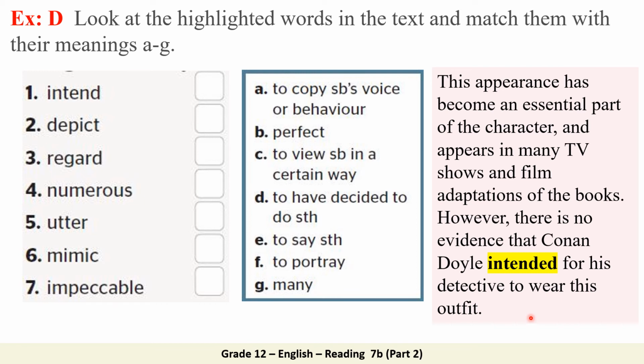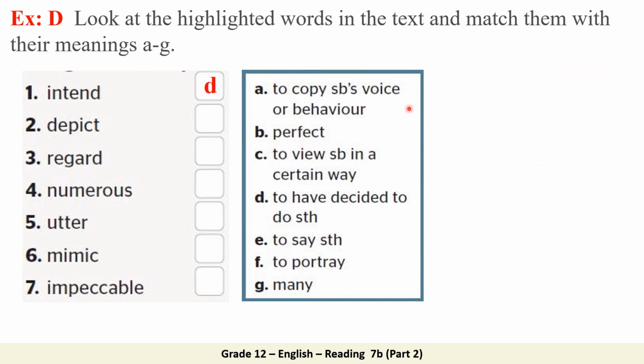So what do you think? There is no evidence that Conan wanted his detective to wear this outfit. Which of these has a close meaning to wanted, intended? This is option D, to have decided to do something.